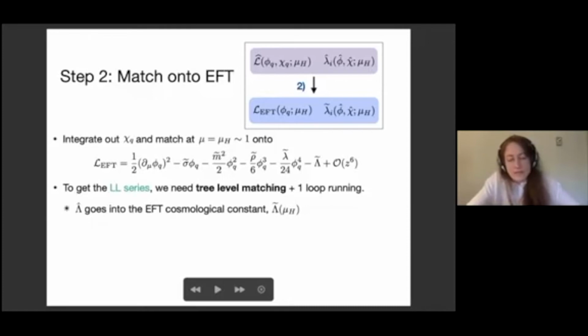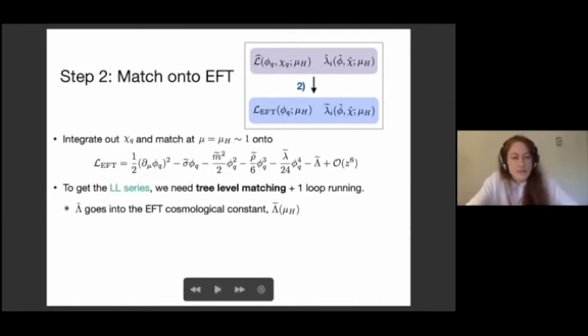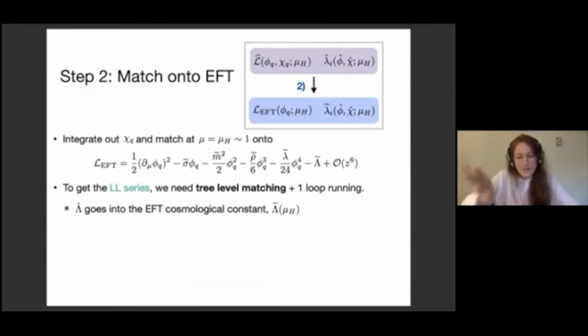And we need to compute the parameters in this Lagrangian to order z to the 4th, which is what we need for the order that we're considering here. So of course, the standard story is that to get the leading log series, I need tree level matching of the n-point functions in my theory expanded in the z power counting expansion, plus one loop running of the couplings in the EFT.